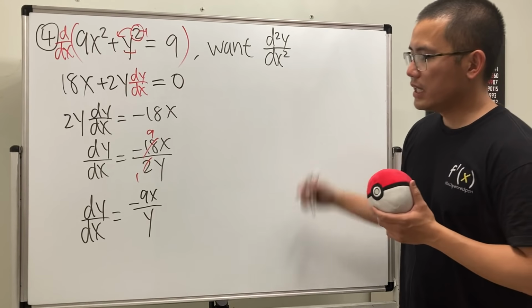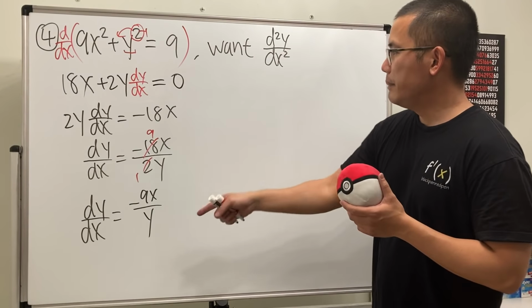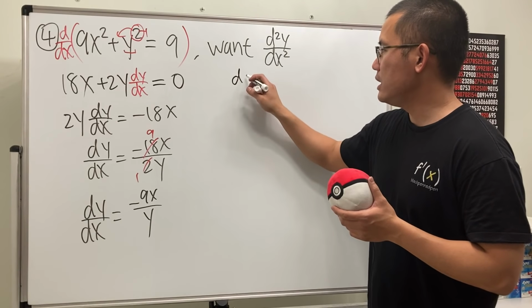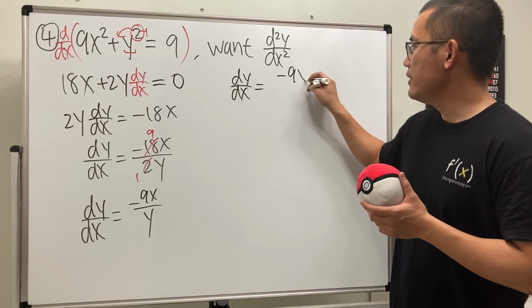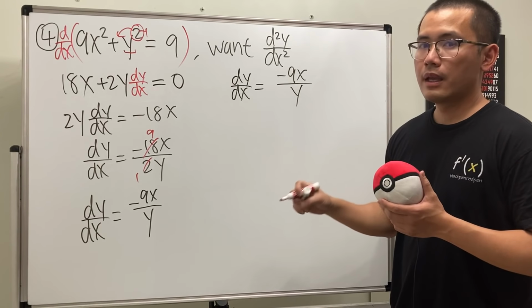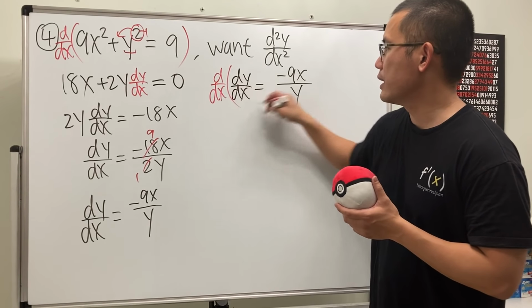For the second derivative, we will just have to look at the first derivative and differentiate. Let me write that down again. We have dy dx equal to negative 9x over y. Look at this equation, and we will differentiate this with respect to x.